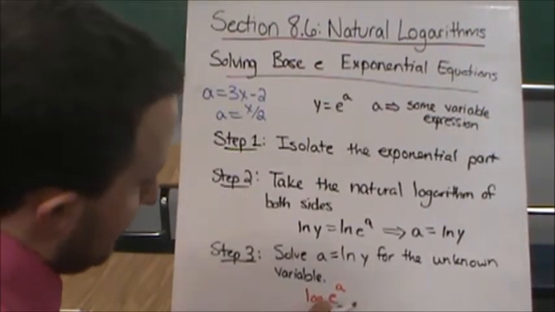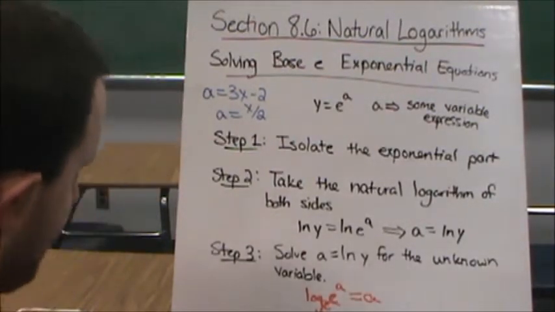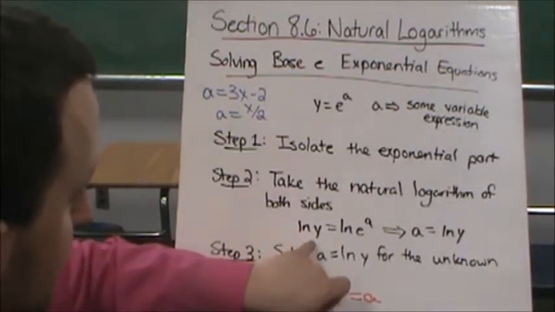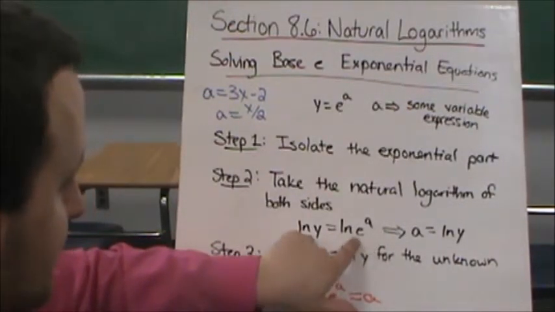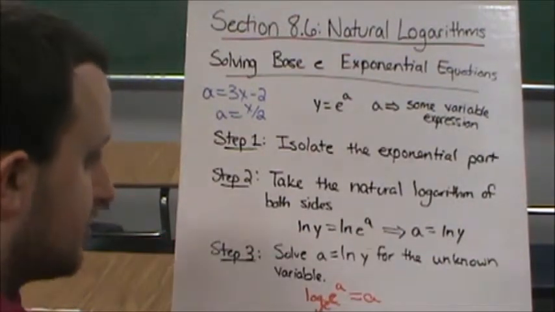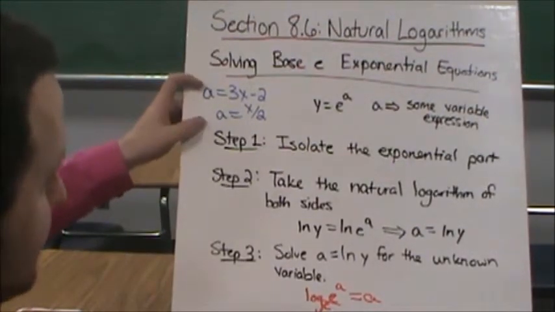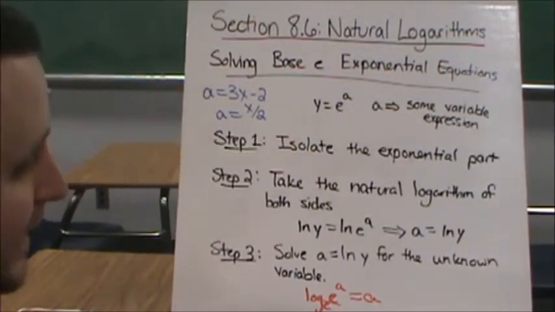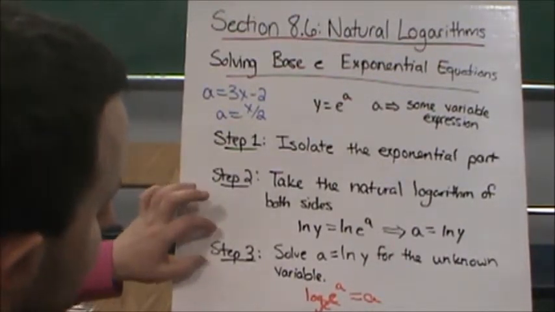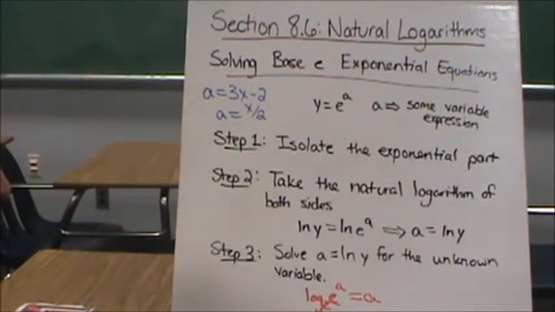That'll just cancel out and give us our a. So you get a equals ln of y. Just remember, a is some variable expression, whatever it can be. It doesn't have to be these two expressions here. It could be an infinite number of expressions. Then the last step is to solve that a equals ln of y for the unknown variable.